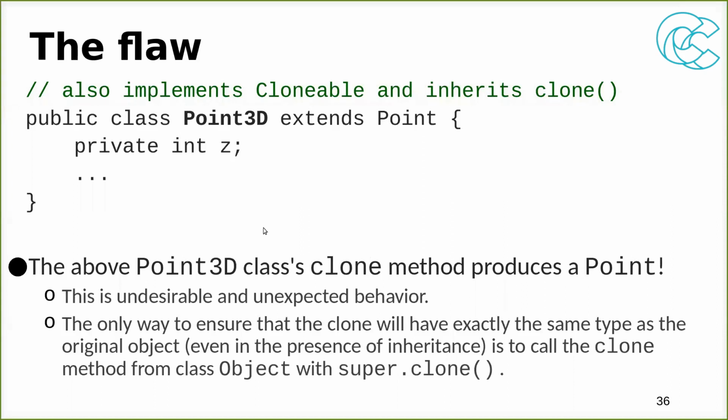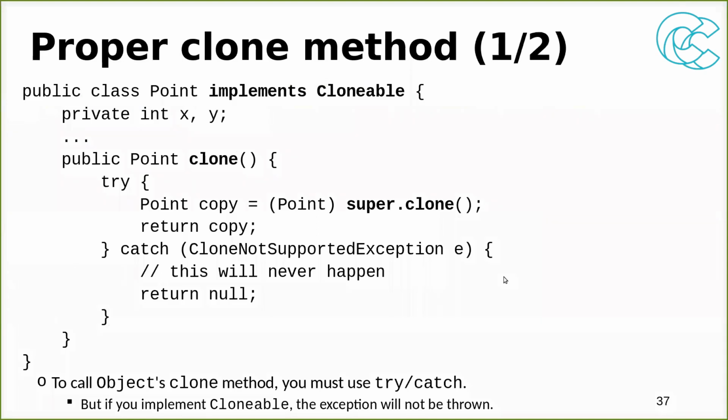If you call clone on Point3D's instance, let's say it's P3, so if you say P3.clone, you expect the type to be Point3D and not Point. But that will not happen in this case. The only way to ensure that would be to use the call super.clone. So let's go back and revisit that clone implementation.